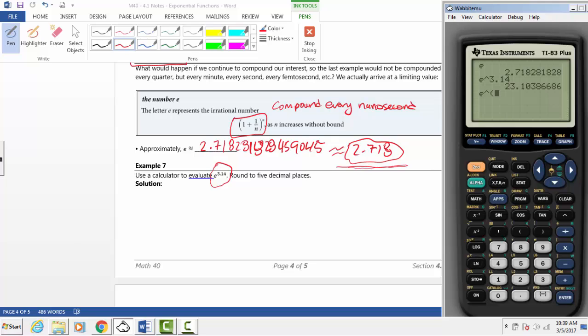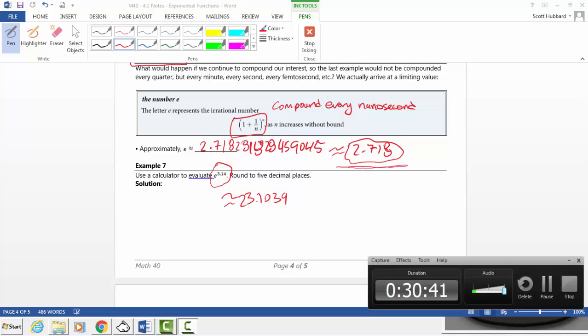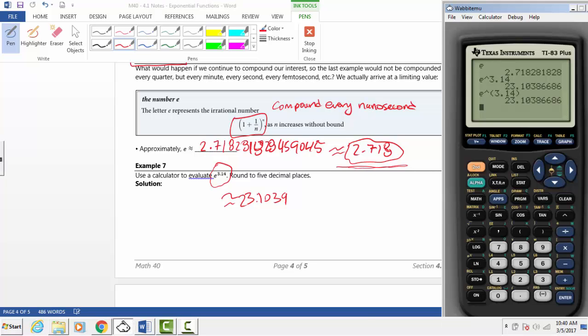And then you raise it to your exponent, which is 3.14, and you get the same answer, 23.1039, because that 8 is followed by a 6, so it rounds up to a 9.